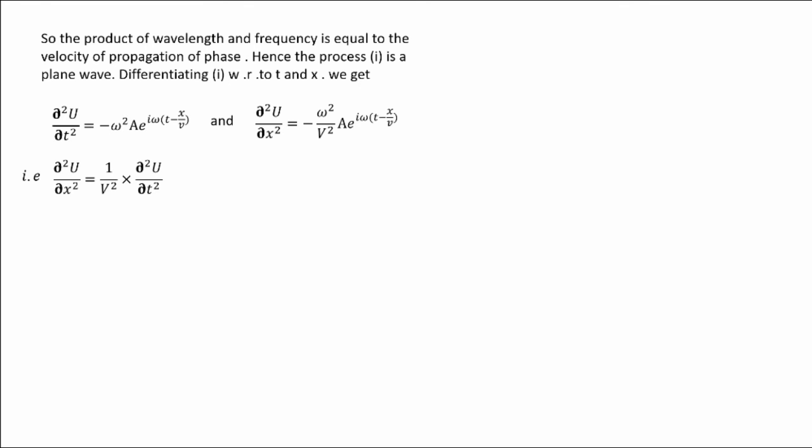That is, del square u by del x square is equal to 1 by v square into del square u by del t square.